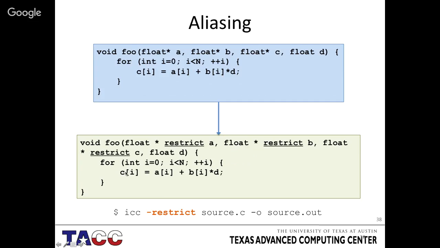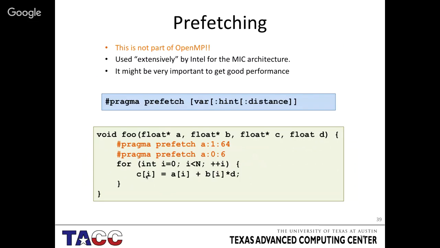If it's using these variables and they have different variable names, they're not going to be aliased. So C over here is always going to be pointing to different data than the A over here. They're not going to overlap at any point. So for C, that's an important concept to use.